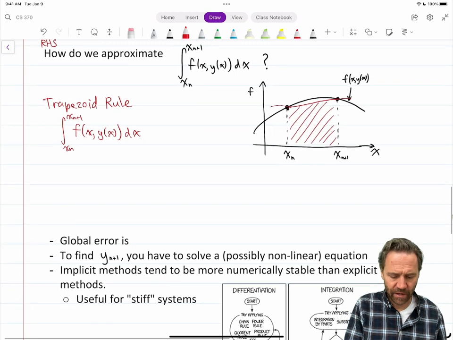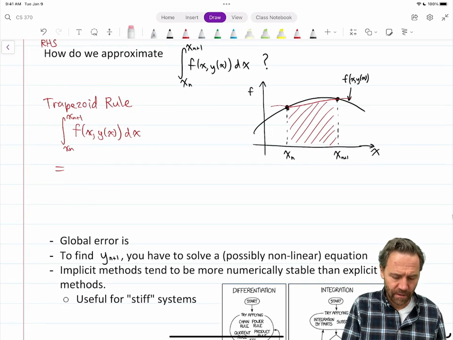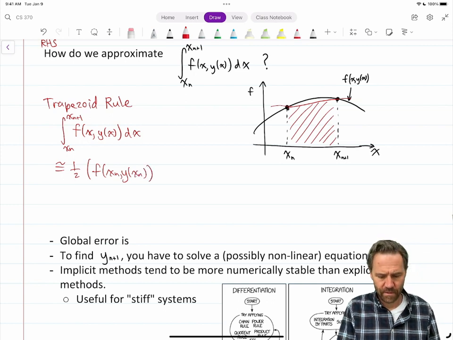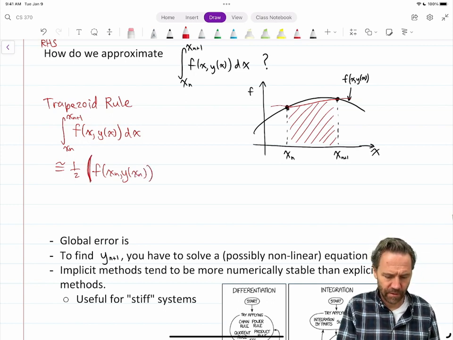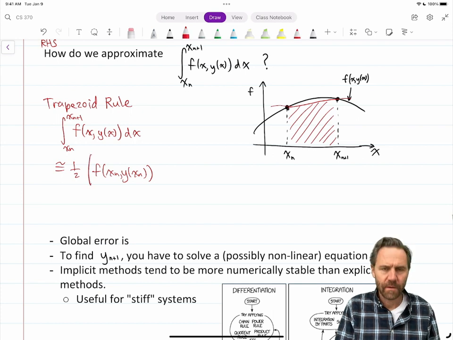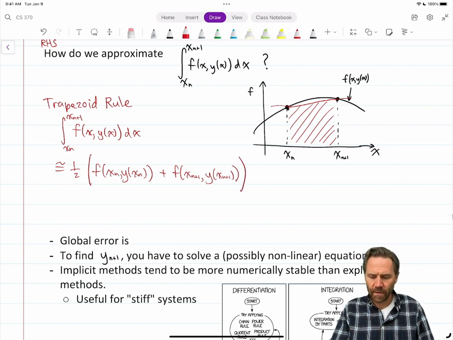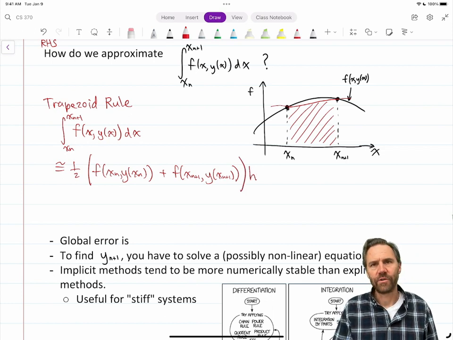So I can write the area as approximately one half the function value at one side, plus the function value at the other side, times the width, h.